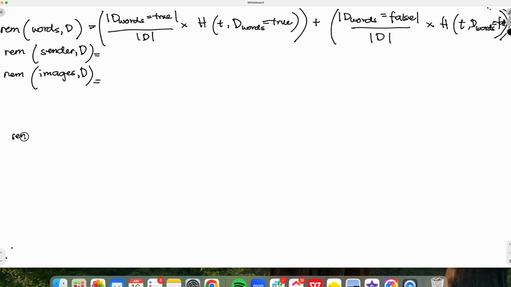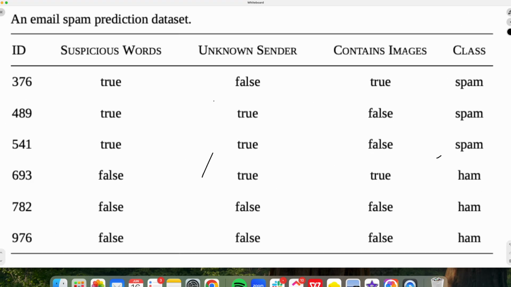So the remainder for suspicious words in the data set is D. So we will solve first for the first term. It means that the data set we will be looking at is for those feature in words, descriptive feature, the suspicious words is equal to true. So we will only be looking at this data set right here.